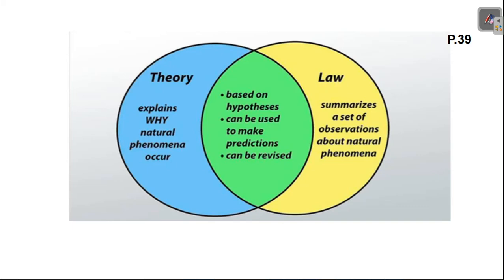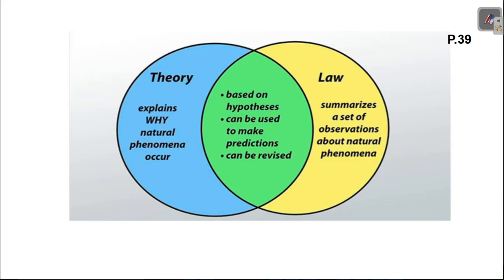Okay, but what is a theory and a law? Well, a law summarizes a set of observations about natural phenomena. That's what it is. A theory explains why natural phenomena occur. So we're going to look at the first law of thermodynamics. Usually it has to do with how long it has taken, how many times that experiment has been done over and over and proven to be true.